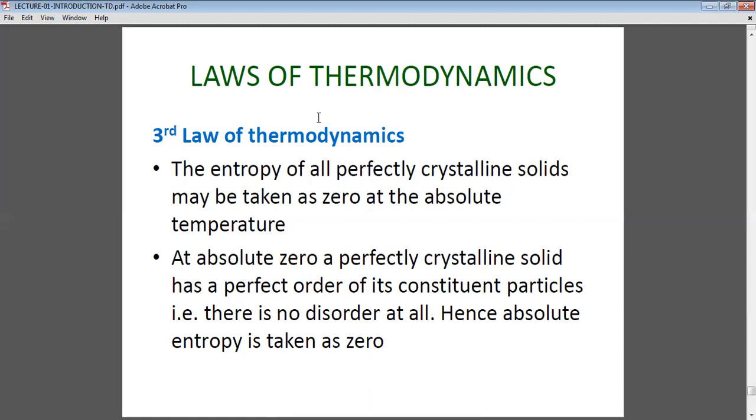At absolute zero, a perfectly crystalline solid has a perfect order of its constituent particles, that is, no disorderliness at all. Hence there is no entropy, that means entropy is taken as zero in that process.